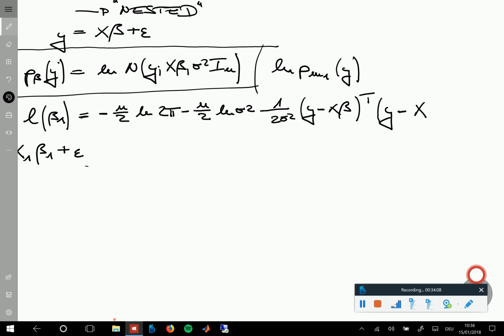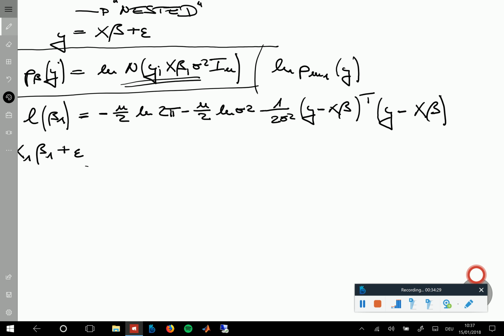This is actually what you just said, and this is the log of the multivariate normal distribution over y with the expectation parameter X beta and the covariance parameter sigma square I. That's fine.